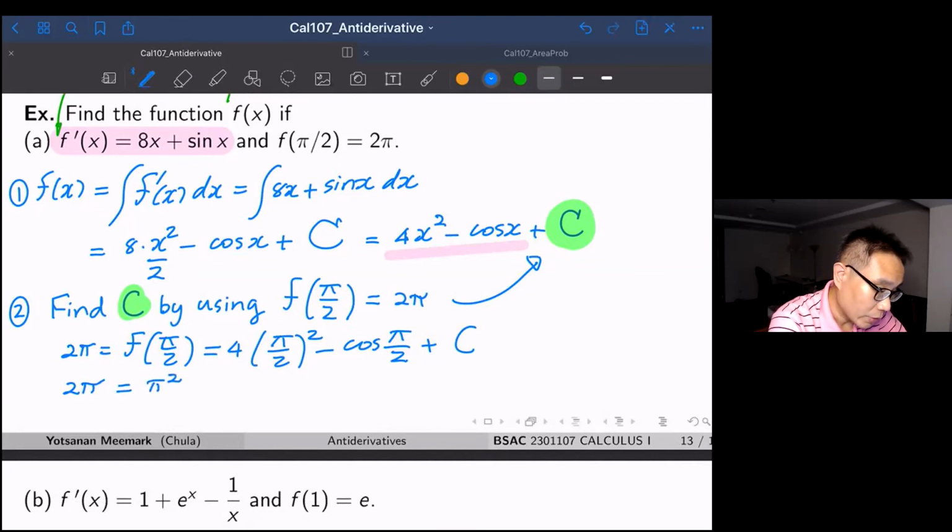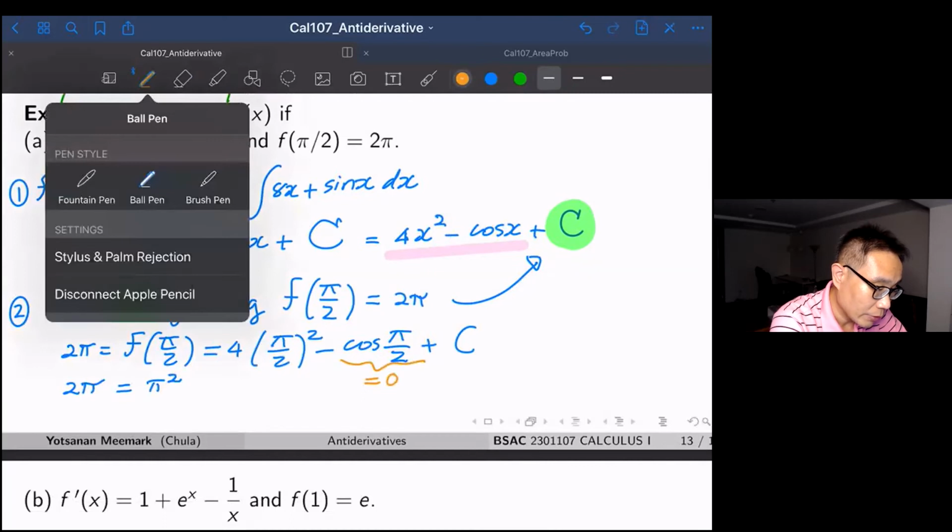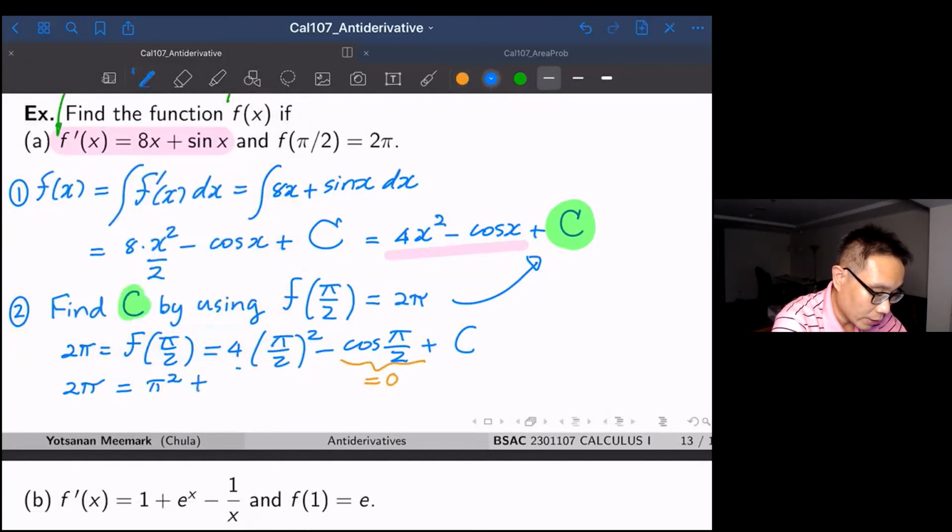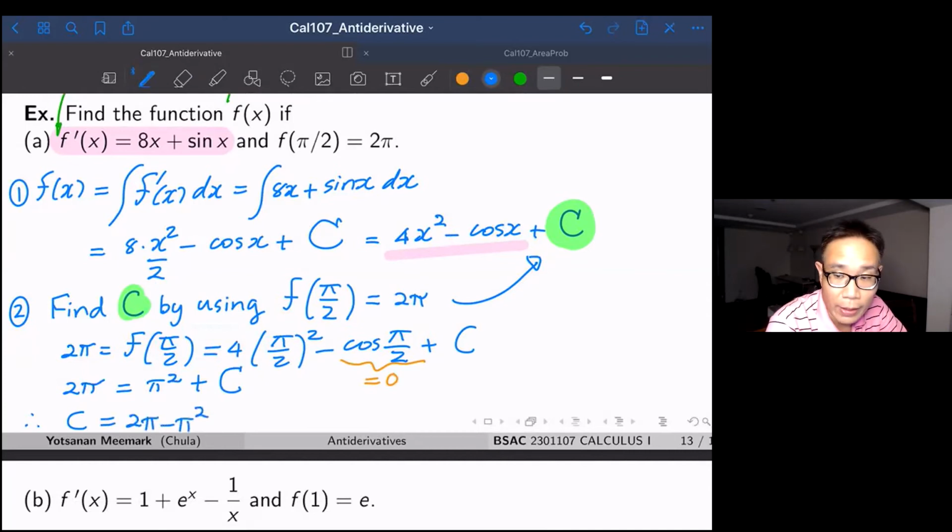And what is cos pi over 2? Cos pi over 2 equal to 0. So basically you get this pi squared plus c, and you would have c equal to 2 pi minus pi squared.